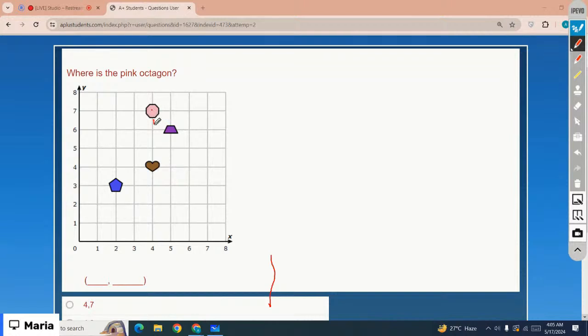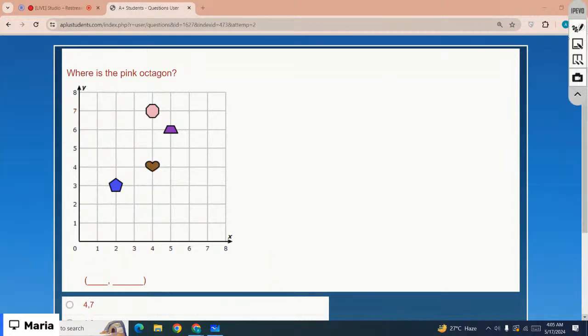Just match it to the x-axis, 4, and then match it to the y-axis. The coordinates for the octagon is 7. 4 and 7, right? The correct option is option number 1, that is 4, 7.